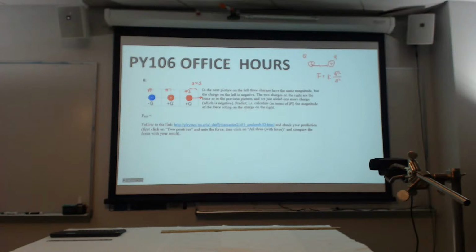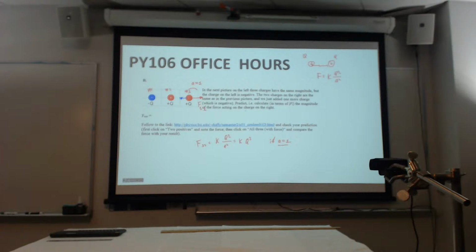Right. So this is force acting on 3 from 2. And the magnitude is supposed to be equal to K Q squared over A squared, or you can write this if A is set to 1. All right, and we've got another force.